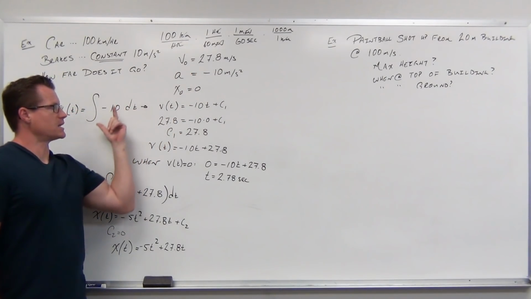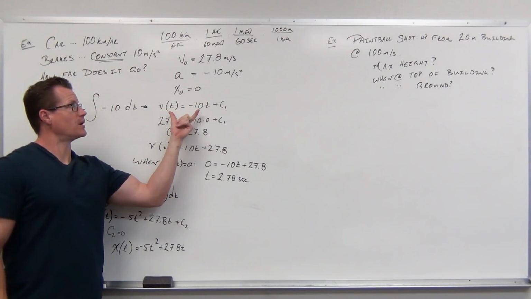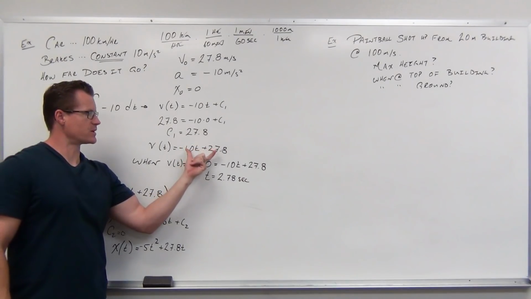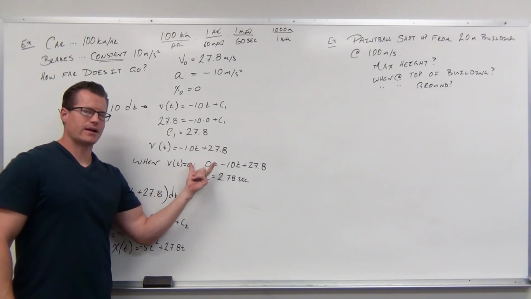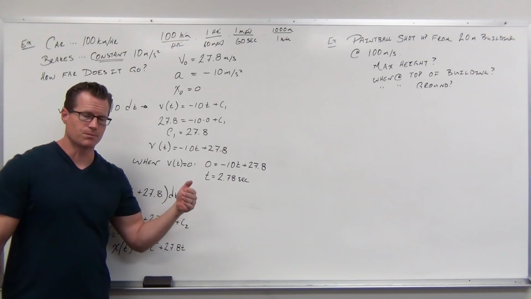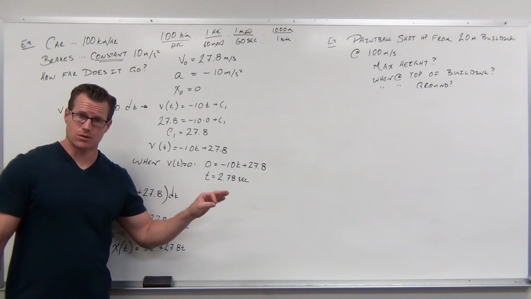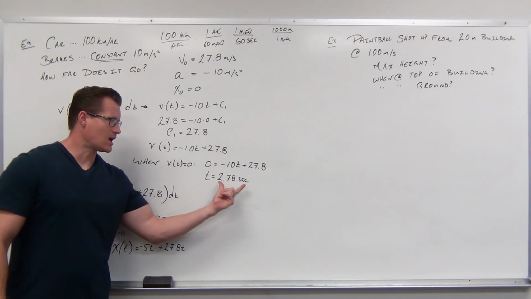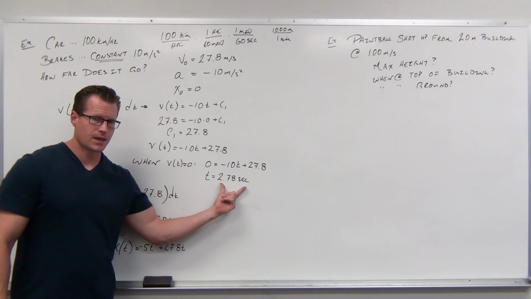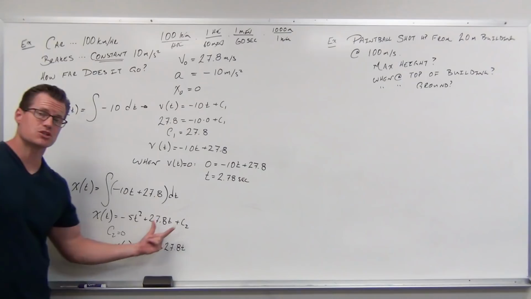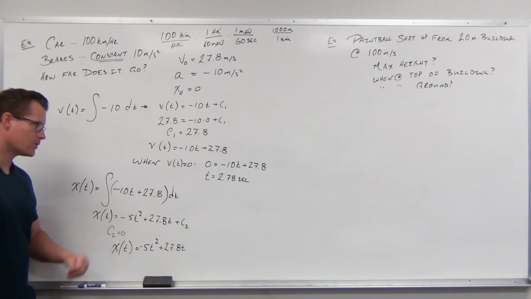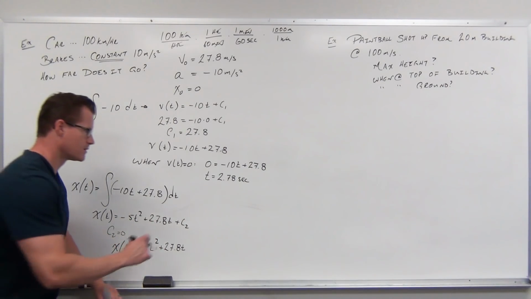It's negative. Take an integral, use our initial velocity to figure out our arbitrary constant, and then if we want to find out a maximum distance of travel, that's usually done by setting your velocity equal to 0, finding a time it takes you to stop, and then plugging that time into the position that you find later. So now we can plug in 2.78.